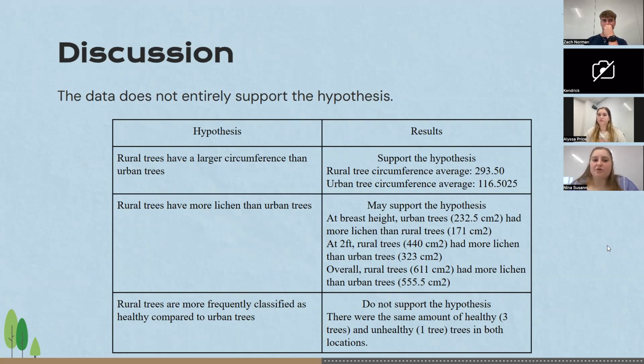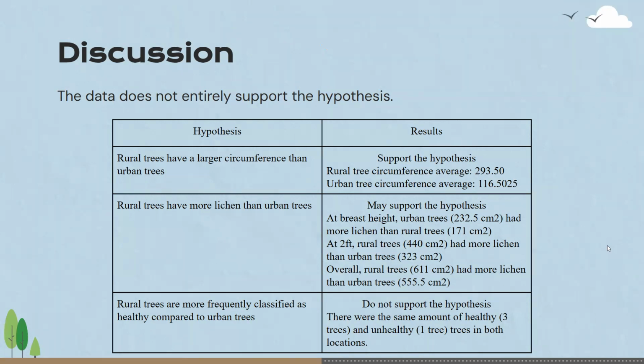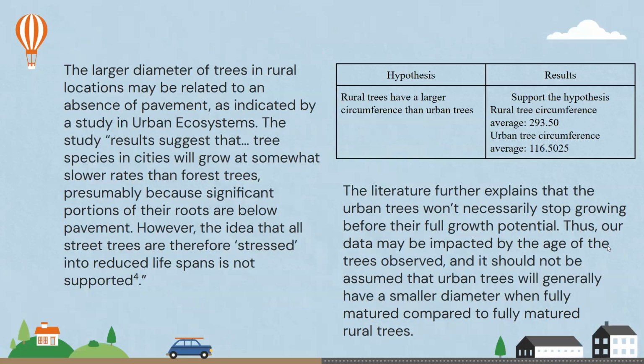We did find that rural trees tend to have larger circumferences and that rural trees can have more lichen, but our results don't necessarily completely support the hypothesis. And what we hypothesized, rural trees being more frequently classified as healthy, was not supported by our data because there was the same amount of healthy and unhealthy trees in both rural and urban areas.